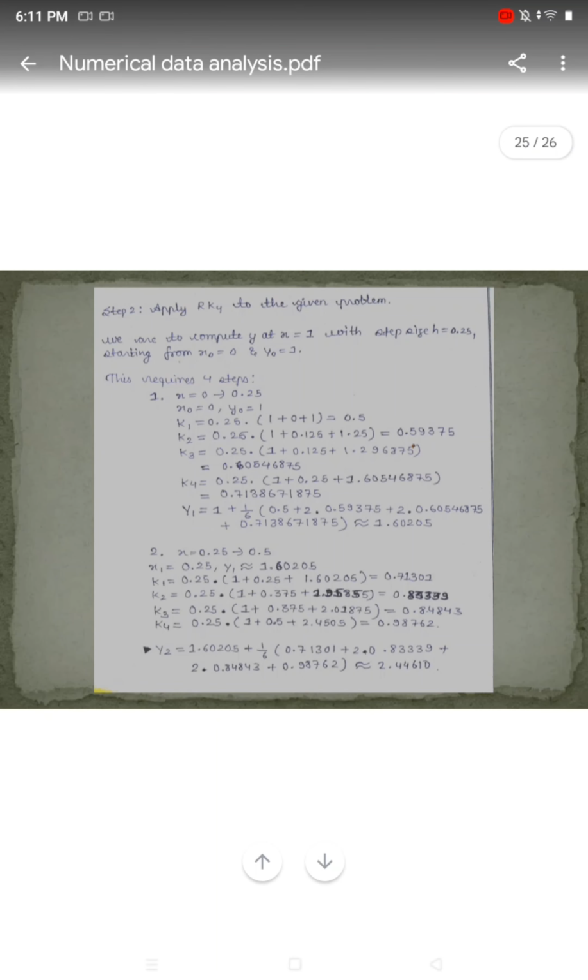Step 2. Apply RK4 to the given problem. We are to compute y at x equals 1 with step size h equals 0.25, starting from x0 equals 0 and y0 equals 1. This requires 4 steps.